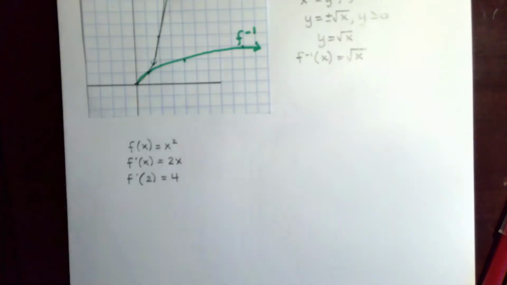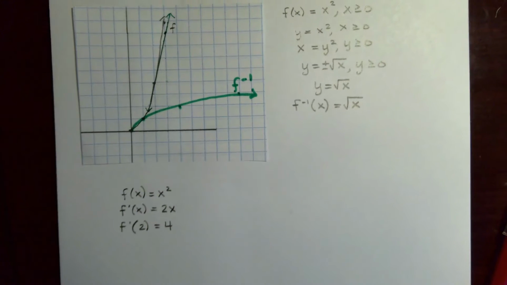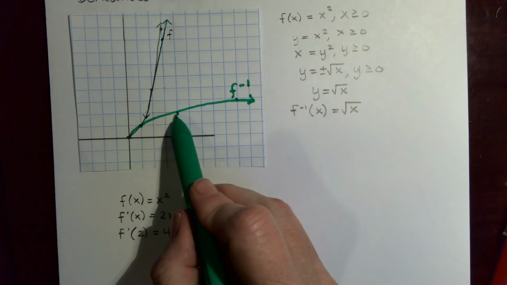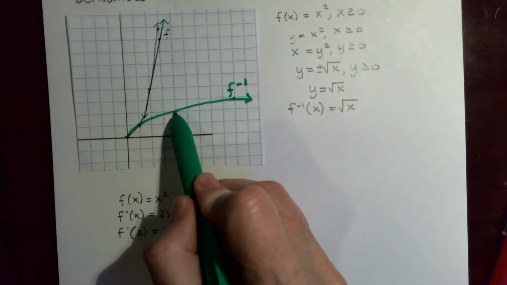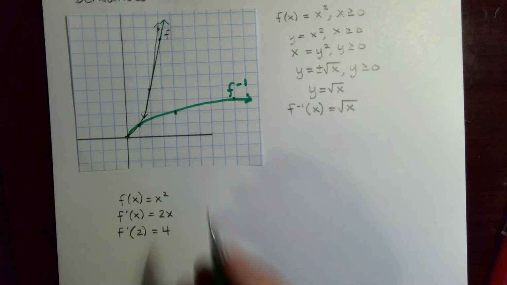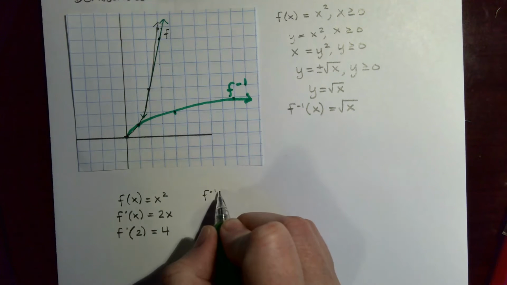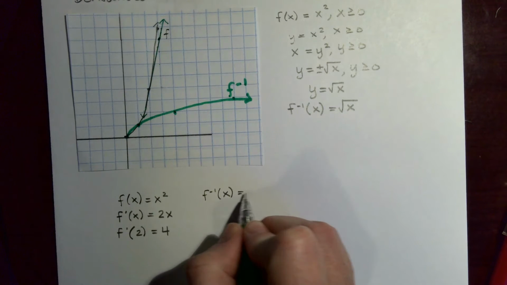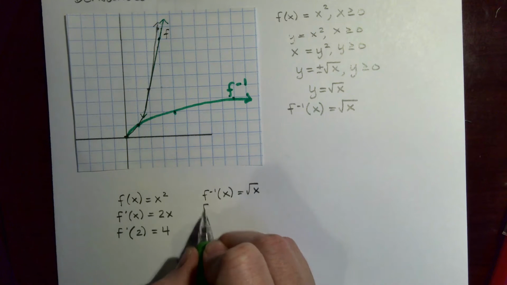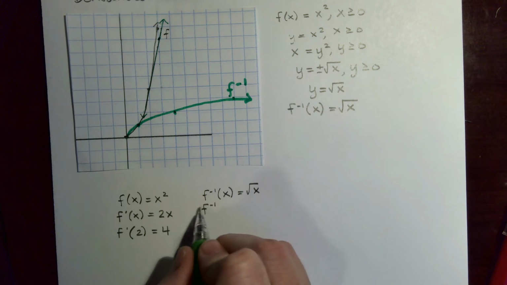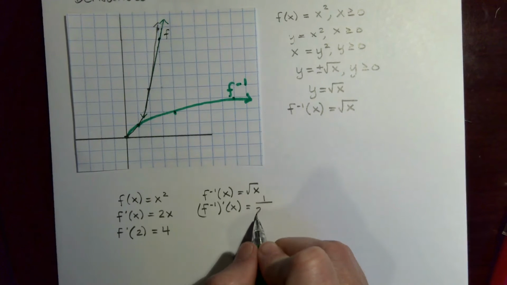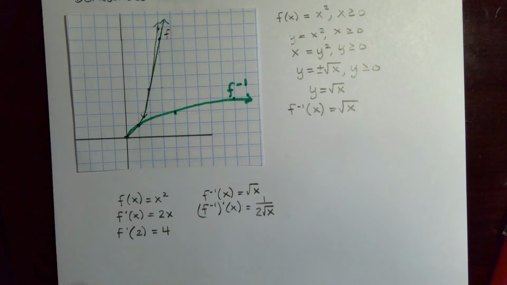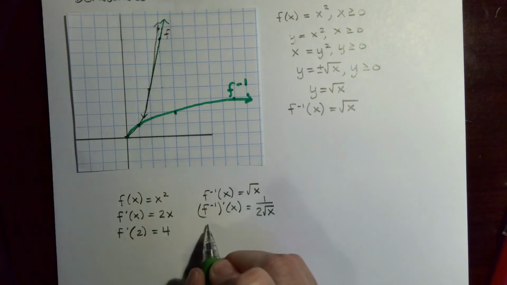Okay, and we talked about this before, and we know that if we took the point that is the mirror reflection of that, so let's look at f inverse of x, and let's look at its derivative. Okay, and that's one that I've got memorized. I could have done x to the negative 1 and figured it all out that way.